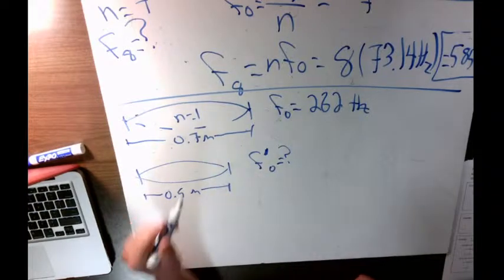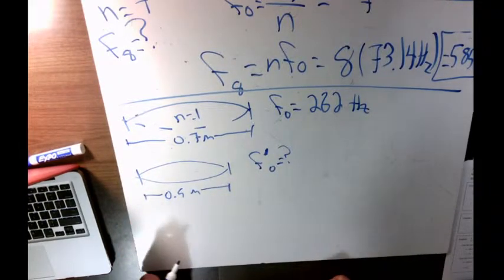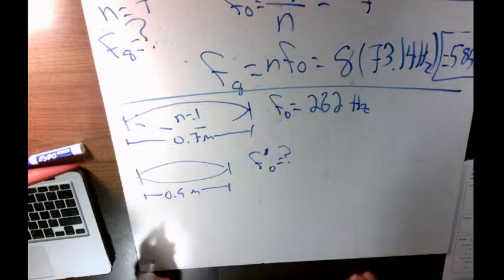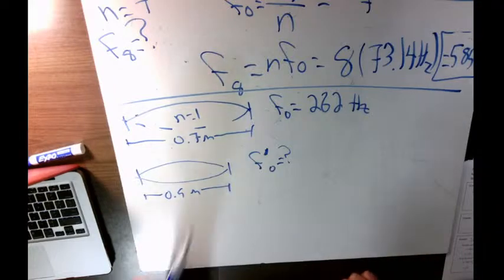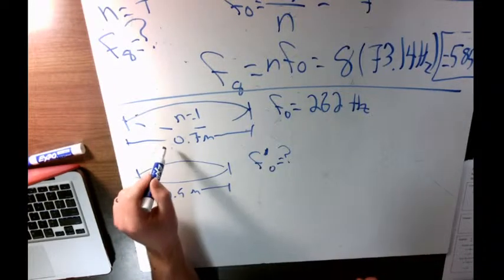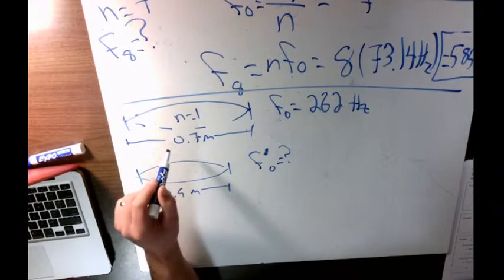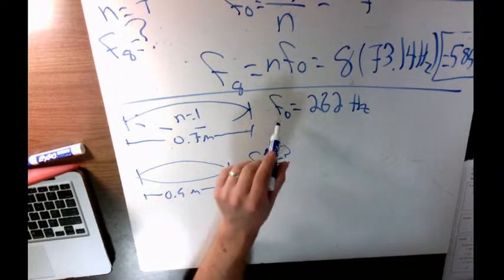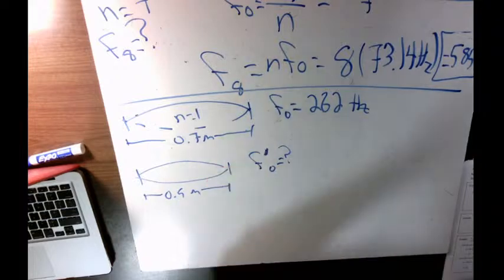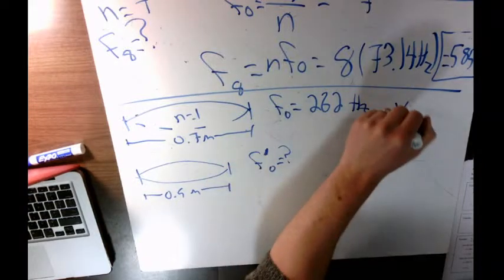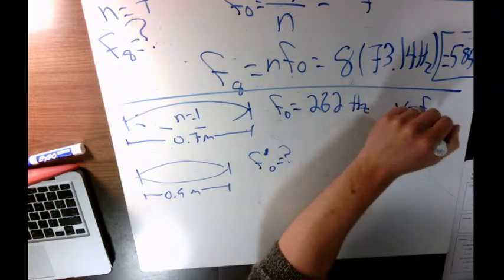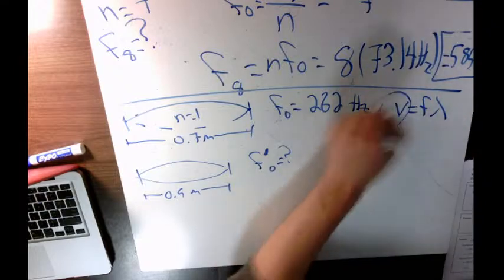So we've got to do some cool formula manipulation to figure this one out. If we know length, we can find out our wavelength. If we know wavelength and frequency, what can we do using our universal wave equation? Speed is frequency times wavelength. We can find the speed.